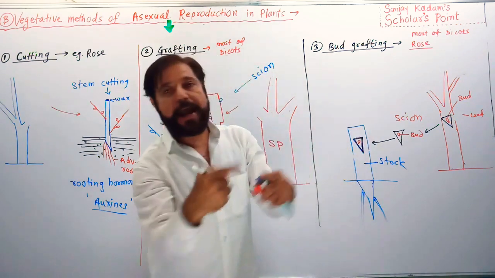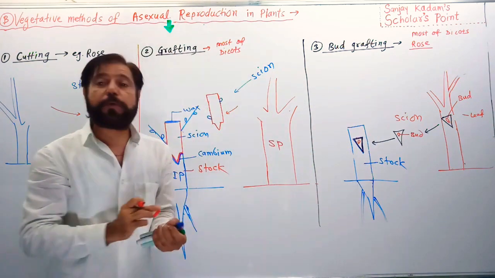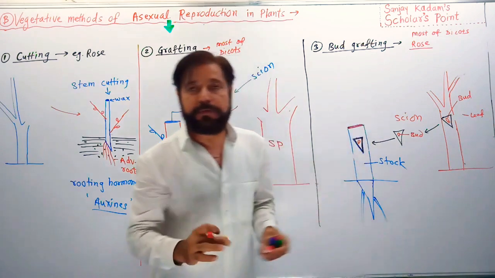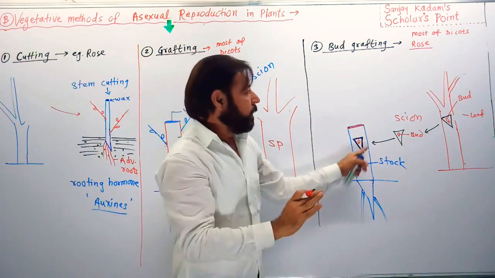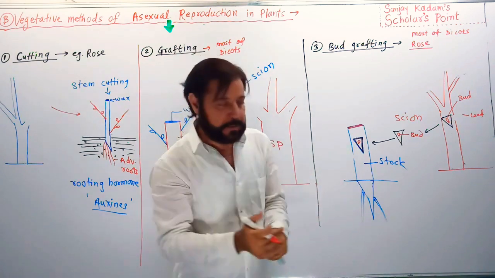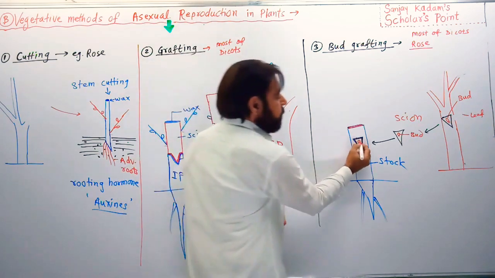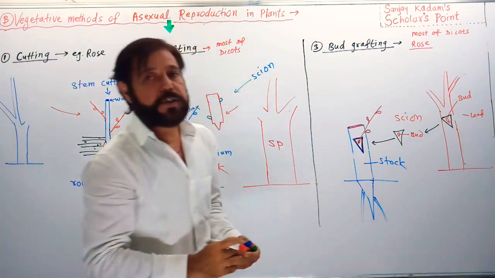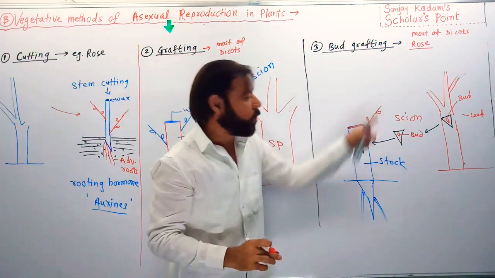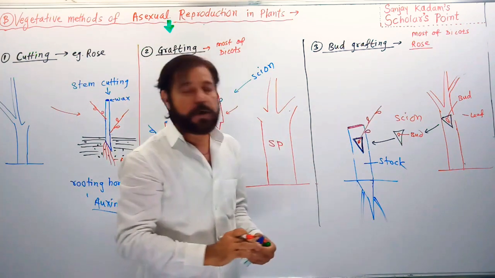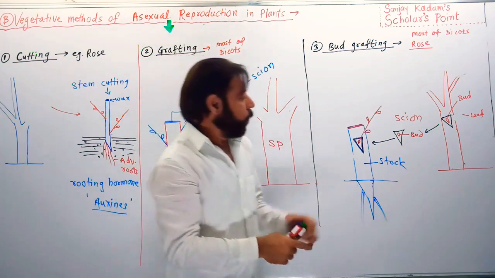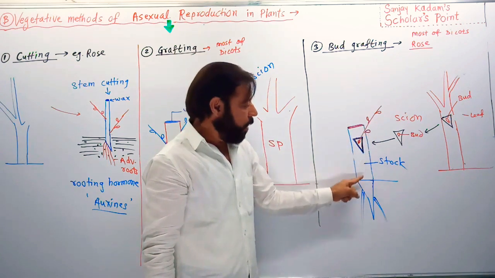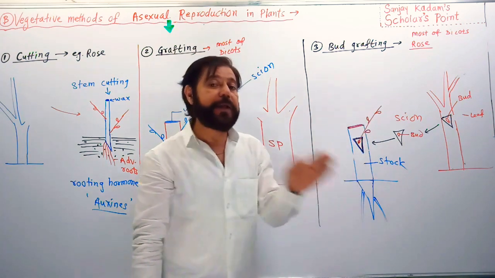Then this portion is wrapped with a plastic waterproof tape, cellophane tape, and the upper end is covered with wax so as to prevent transpiration, and the bud grafting is allowed to succeed. After a few days this bud develops into a new branch along with young juvenile leaves, and if this growth occurs, it means the bud grafting is successful, and in this way we obtain a superior quality plant on a stalk of an inferior quality plant.